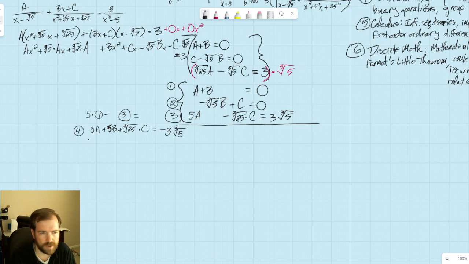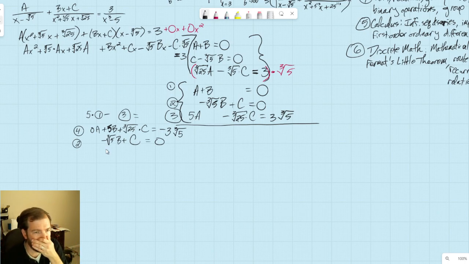And then we want equation 2 to combine with it, which is a negative cube root of 5b plus c is equal to 0. All right, least amount of work. Multiply the bottom equation by, so let's keep this somewhat in a similar space to what I had before.